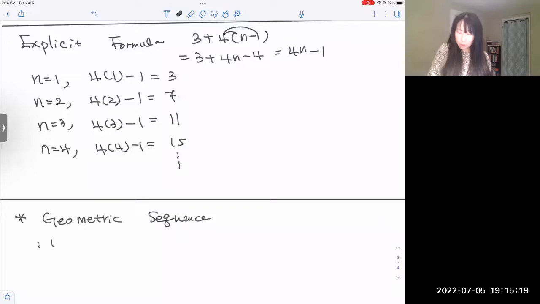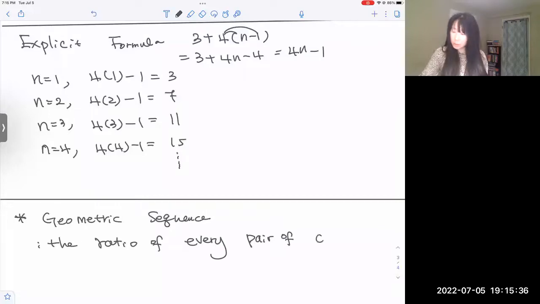This one is where the ratio of every pair of consecutive terms is the same.